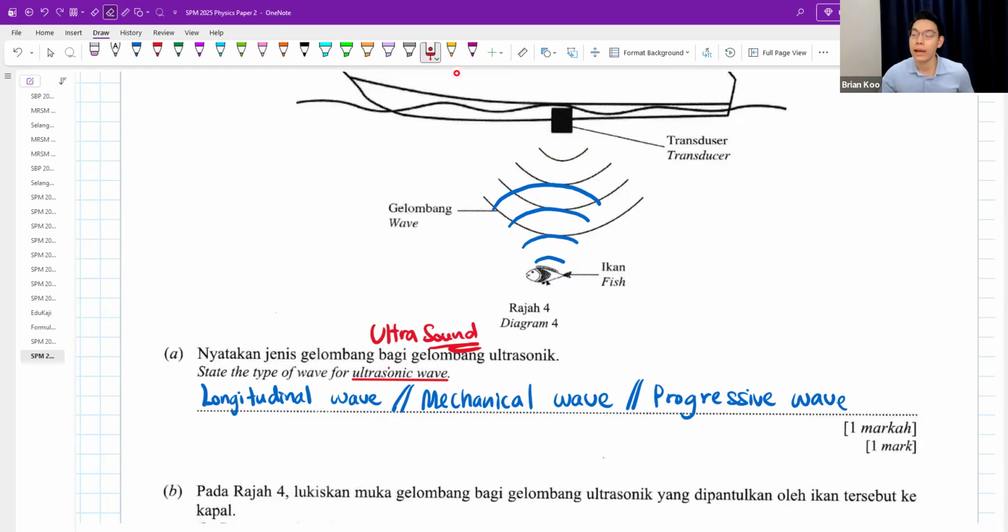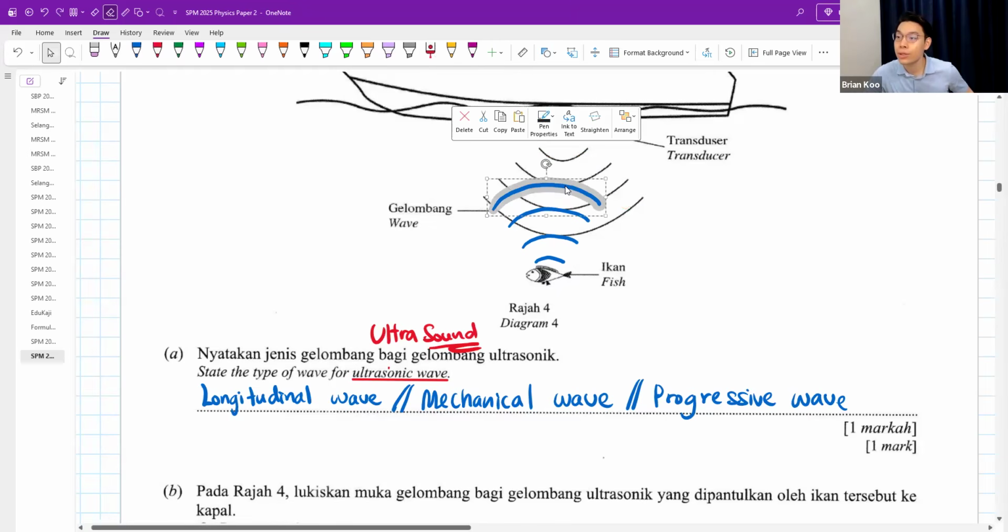But one thing you have to be careful of is that the wavelength needs to be the same, because reflection does not change the wavelength of a wave. Meaning this gap and this gap must be similar. If you draw too close or too far, then you will lose 1 mark.